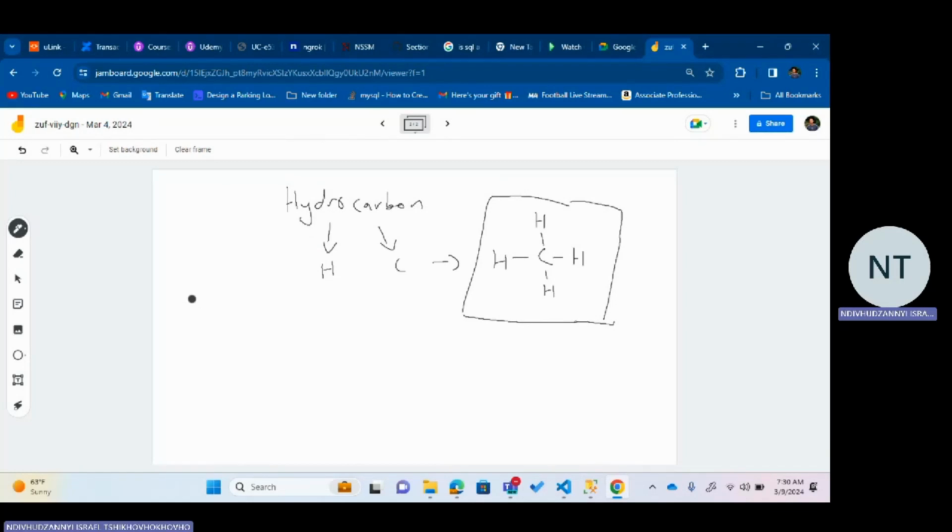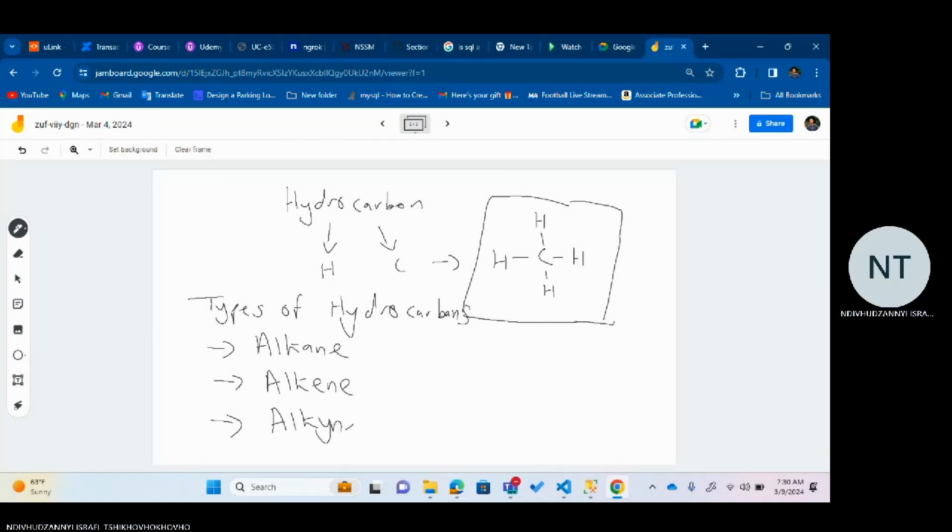So for the sake of understanding, I'll classify this as types of hydrocarbons. The first one that we'll cover is alkane. The second one will be alkene. The third one is going to be alkyne. So let's start with the first one.